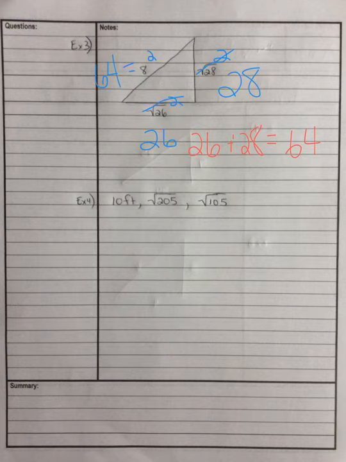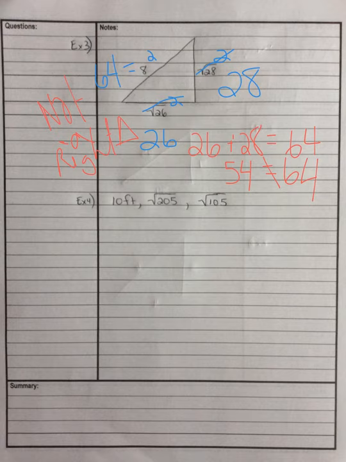And the answer to this is no, 54 does not equal 64, so this is not a right triangle. We are using literally the Pythagorean theorem, a squared plus b squared equals c squared, to check and see if these make right angles.